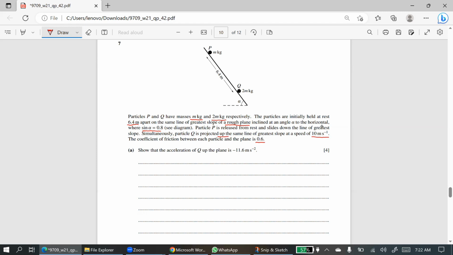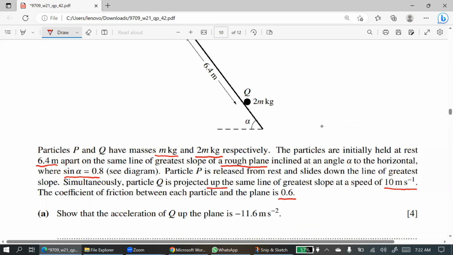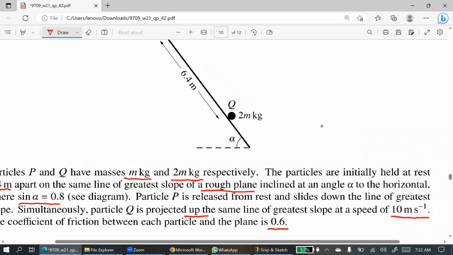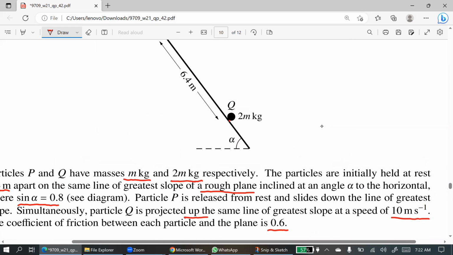As the particle Q is moving up the plane and the plane is rough, the direction of friction is down the plane. Now we will draw the components for the weight of the particle Q and draw the forces on the particle Q. The weight will act vertically downwards. These are the components of weight.